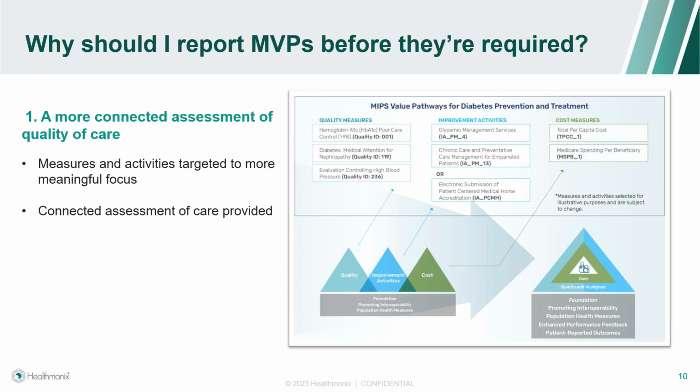So what you see here, for instance, is the MVP for diabetes prevention, and you can see the questions that are associated with it, from everything from the quality through improvement activities and costs, have to do with diabetes and have to do with those types of patients that you're seeing. So there's not questions, you're not being asked in this measure, did you have your flu shot, right?